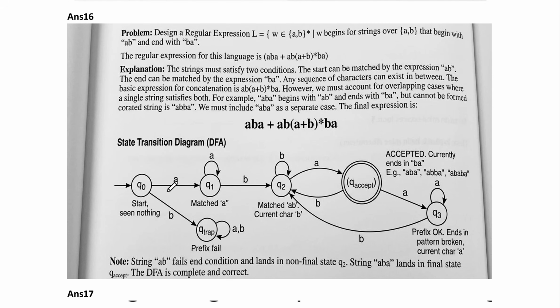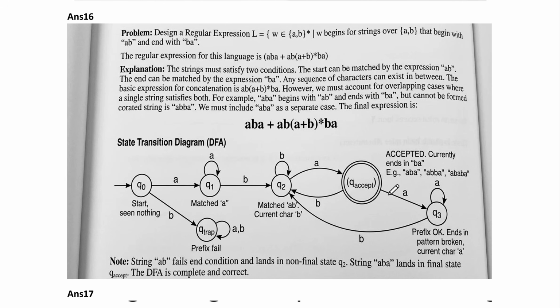When we start from Q0 and apply A, then B, we are starting with AB. The loop means you can apply the symbol B any number of times, and when we apply A, B, then A, we reach the final state Q accept. So it starts with AB and ends with BA.